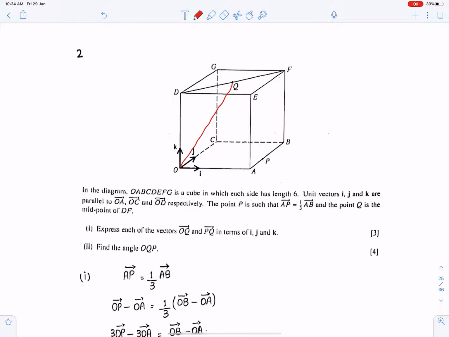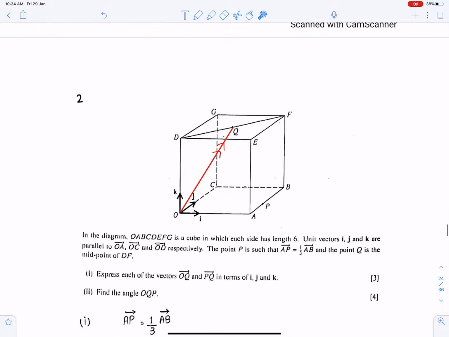This is OQ. So to get OQ, you need to start from O. You should work along or parallel to these directions and reach the point Q. So I'm writing the rule here.